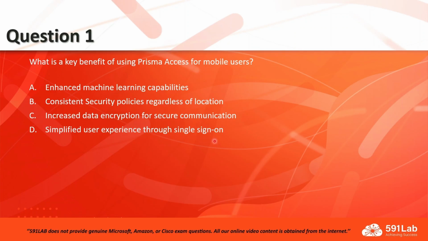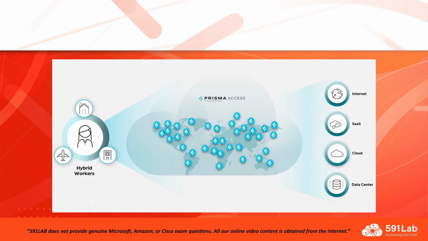To answer this question, let's check the concept of Prisma Access and find out which answer is correct. Let's check the topology of Prisma Access. Here is the concept of Prisma Access.